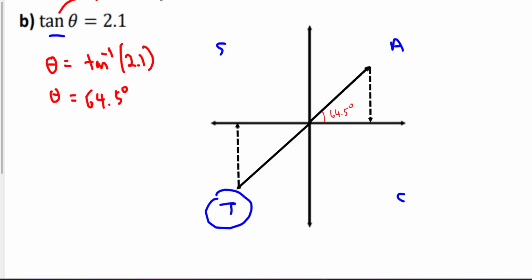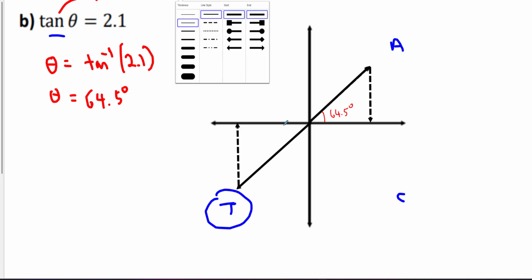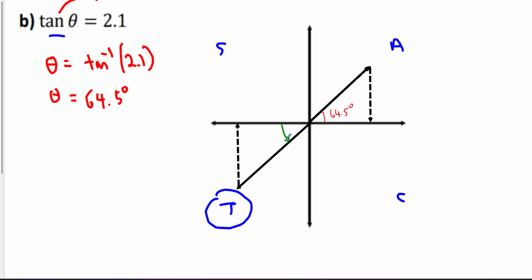Perfect. Thank you, Anya. So here we have the same related acute angle. So whatever angle is inside this triangle is also the same angle inside this triangle. So here we have 64.5 degrees.